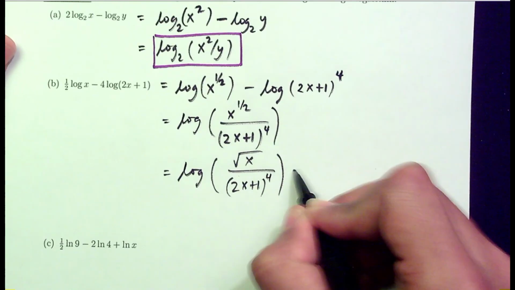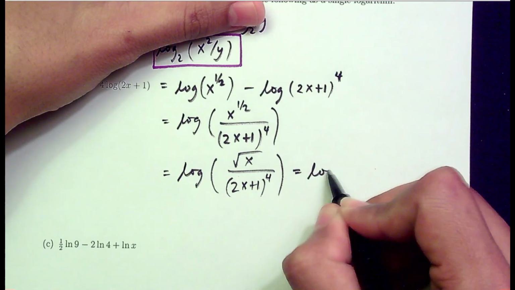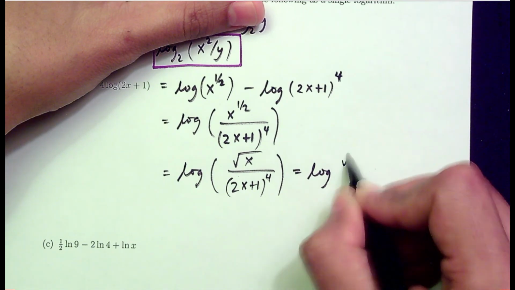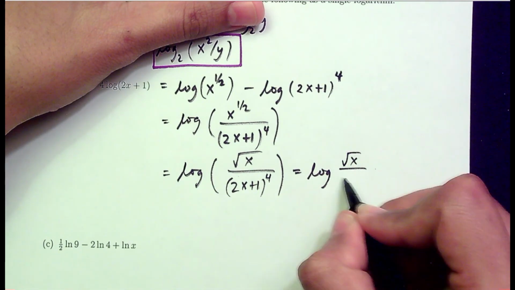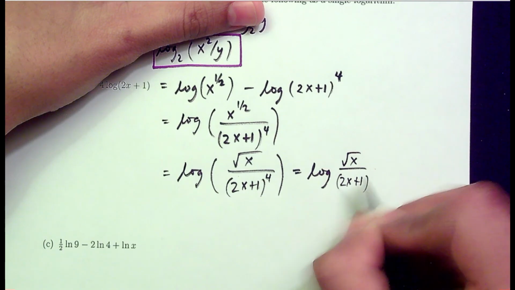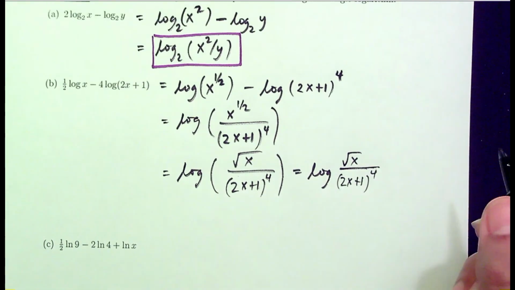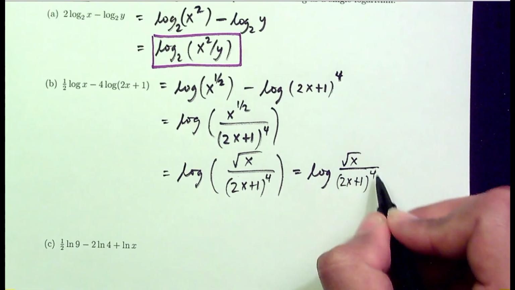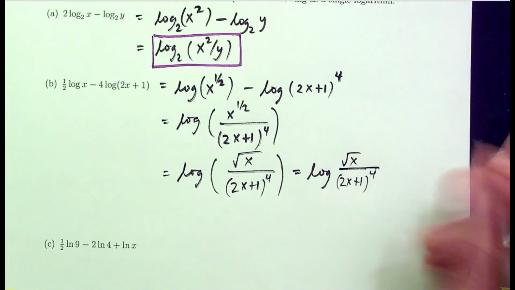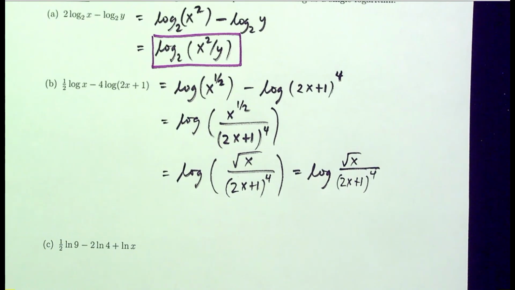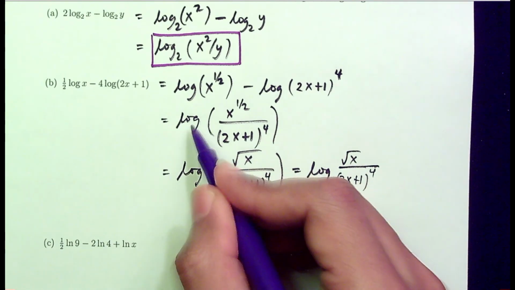So you could even write it like this: log of x over 2x plus 1 to the 4. However, I think the parentheses do make things clearer, more readable. So I would probably enter it like either that one or that one.